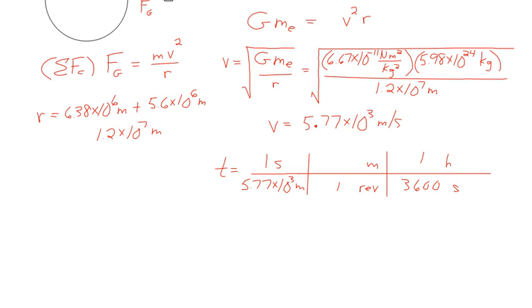So it's going to be 2 pi, and I have to use this number because that's the radius of the satellite. So that's going to be 1.2 times 10 to the 7th meters. And if you solve that, I hope you get either 3.63 or 3.64. What do you get? 3.63. So 3.63 hours, and we're done.